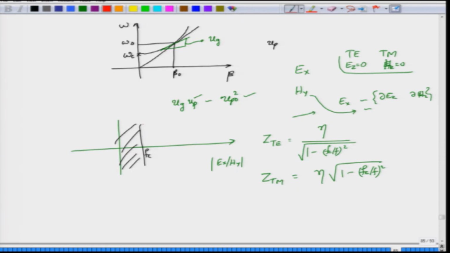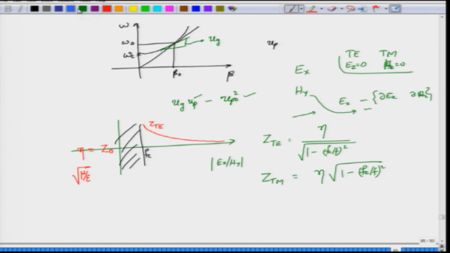So, it is like an open circuit, and then as Fc by F goes to 0, ZTE will eventually approach the value of the characteristic impedance. The line that I have drawn here corresponds to the characteristic impedance Z0, or eta. In this particular case eta will simply be equal to the square root of mu by epsilon for the material filled waveguide. For free space it would essentially be the free space characteristic impedance. So, this is ZTE.